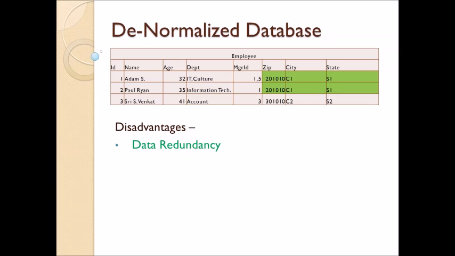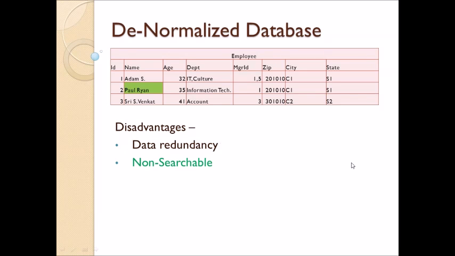We need to have the zip column, the postal code column here, because we need the address information of the employee. But city and state can be stored in another table, so we could have reduced the data duplicacy, data redundancy, right? We could have saved some space, some memory, and we could have reduced the size of our rows, which could have improved performance, right? So this is the first thing.